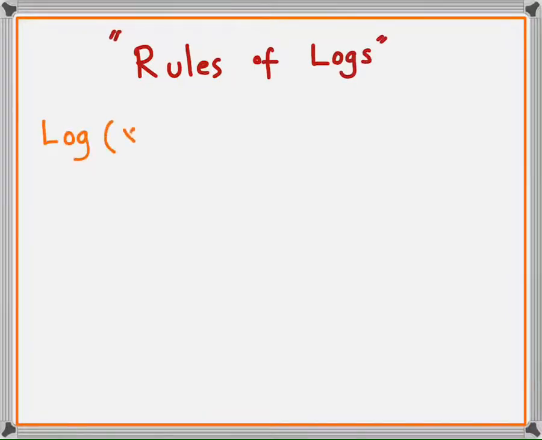So if we move on, now we are looking at the rules of logarithm. There are 3 rules of logs. Log xy base a is log x base a plus log y base a. If 2 terms are multiplying inside a bracket and you are taking log of that, it is actually a sum of the individual logs.